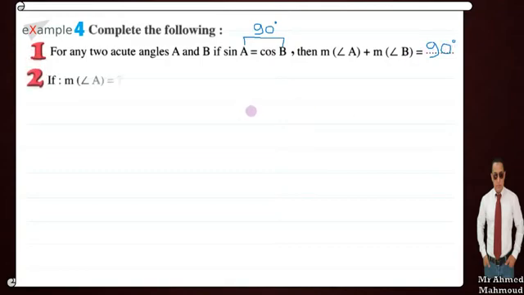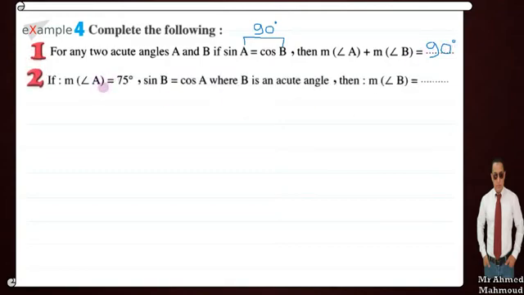Number 2. Measure of angle A equals 75 and sine B equal cosine A. Also A plus B equals 90 degrees. Then measure of angle B equals 90 minus 75 equals 15 degrees.